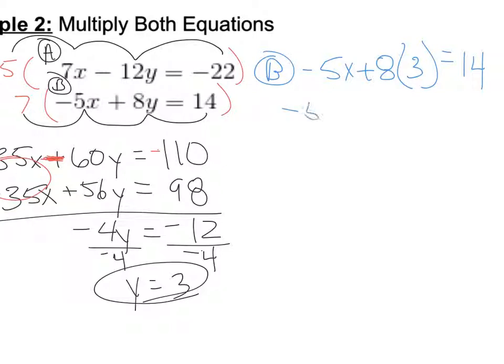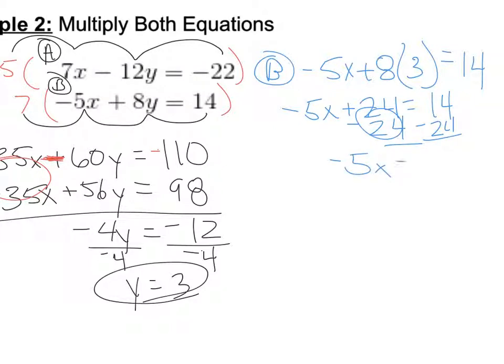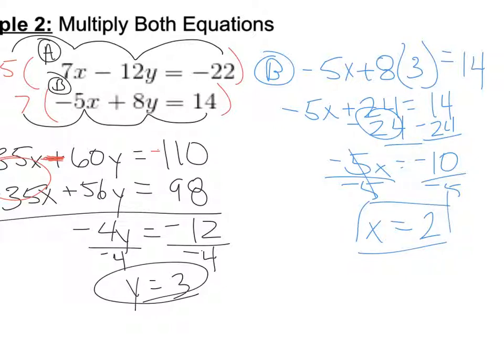So negative 5x plus 24 equals 14. We're going to subtract the 24 now. And negative 5x equals negative 10, divided by negative 5, and x will equal a positive 2. So the ordered pair you would write for this is x is 2, y is 3.